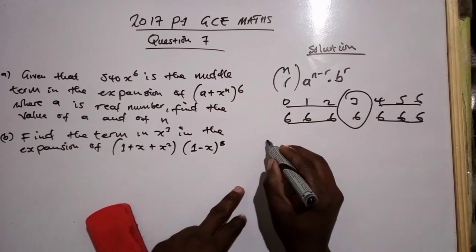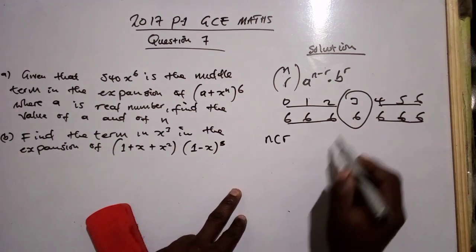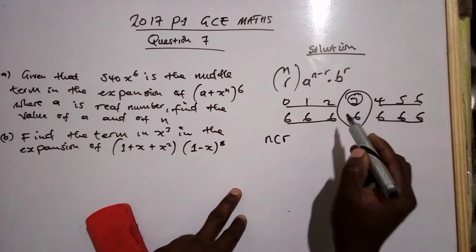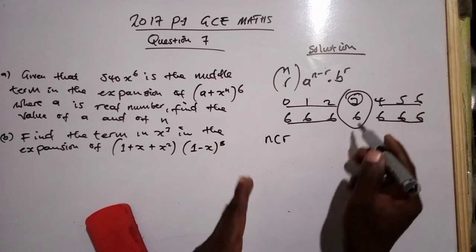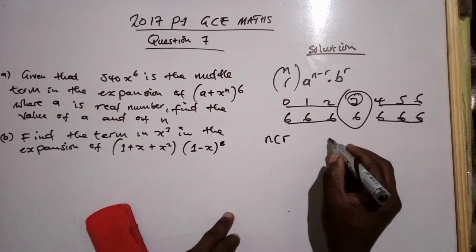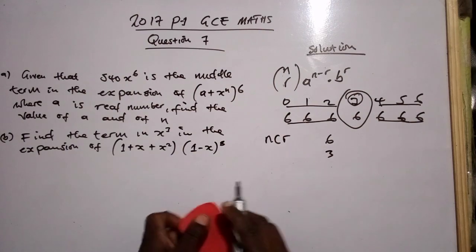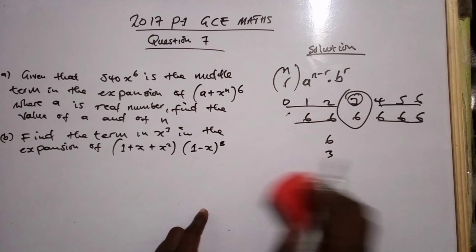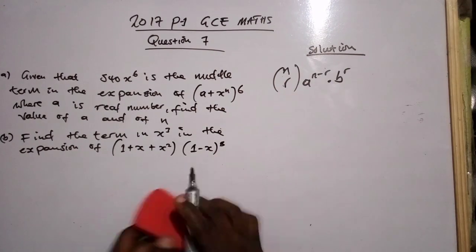On the calculator, you are going to find we have n choose r. R is the one that changes, but n does not change; it only maintains. So it will be 6 and 3, since we have found that it is the middle term.